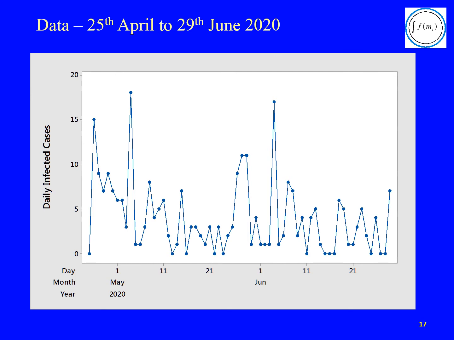This is the second part of the data set. This time series plot is for the second part of the data set. Why do I say it is the second part? The first time series plot was for the complete data set from 22nd January to 29th June. When you look at the previous one, you can see there is a rapid growth. Here what I did, I avoided that growth, and I divided the data set into two pieces. The second part is from 25th April to 29th June.